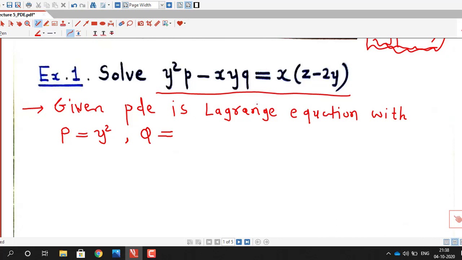Capital Q is the coefficient of small q, which is minus x into y, and capital R is the right hand side, so it is x into z minus 2y.